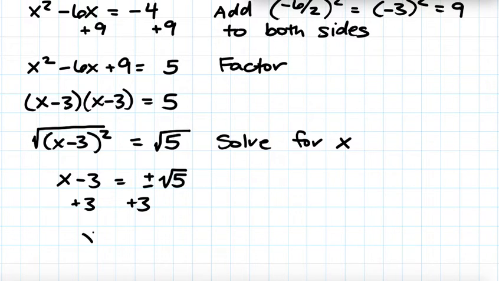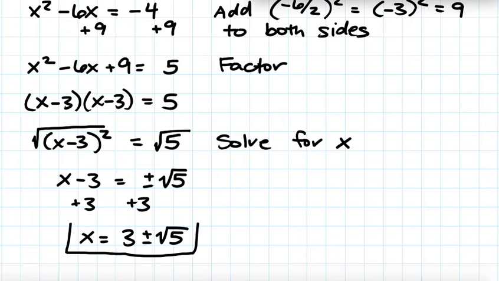So my answer here is x equals 3 plus or minus the square root of 5. And then we always want to check the square root to see if it can be simplified or if it's a perfect square. In this case, it's the square root of 5, so neither one is true. It's not a perfect square. It can't be simplified. So this is my answer that I would enter into my math lab.